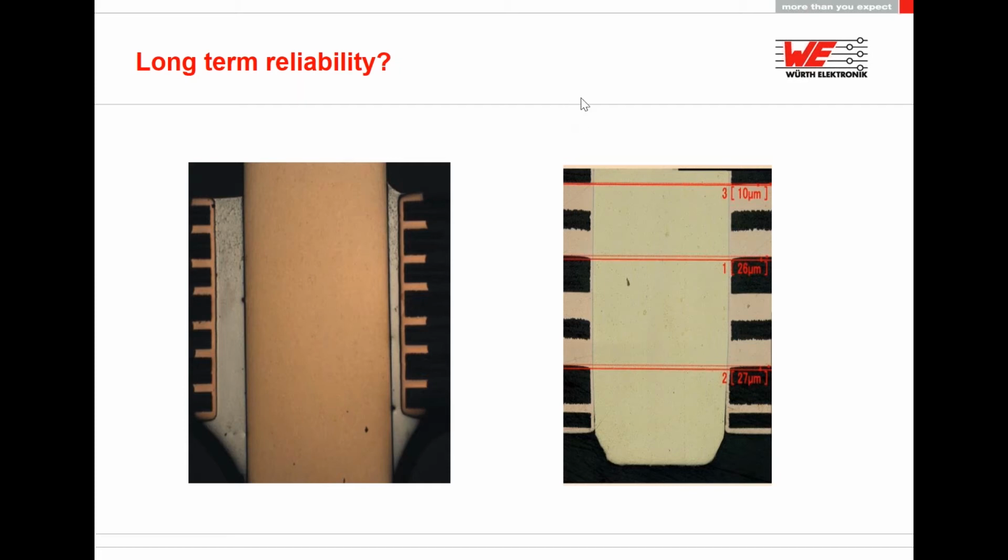Why? First of all, we contact the pin made of copper alloy directly to the copper, and we don't have any solder in between. For a solder joint, we again have copper or a copper alloy, but additionally we have solder in between, and then we have the via made of copper.